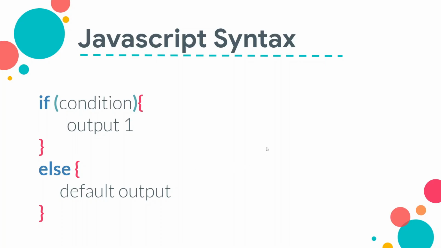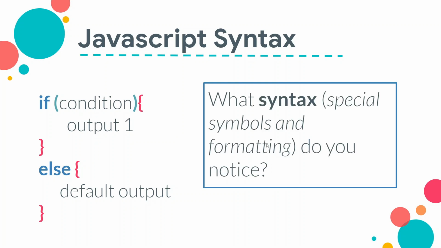Now with JavaScript, we have what we call syntax. These are special symbols and formatting that the computer uses to understand what we're trying to do. Do you notice any syntax on this image? If you notice, there are curly braces here and here, and there is an if, and the condition goes in here. We're telling it that everything happening within the curly braces, do it.